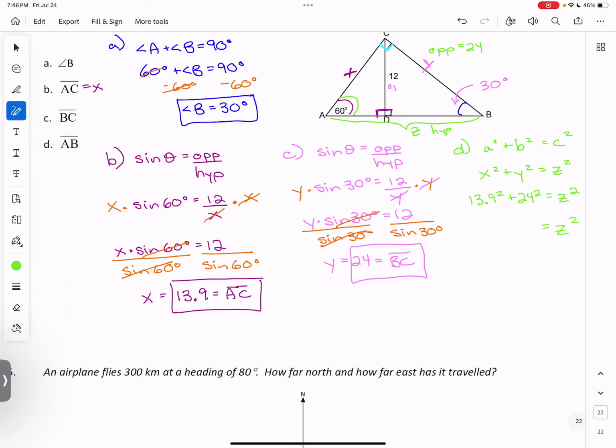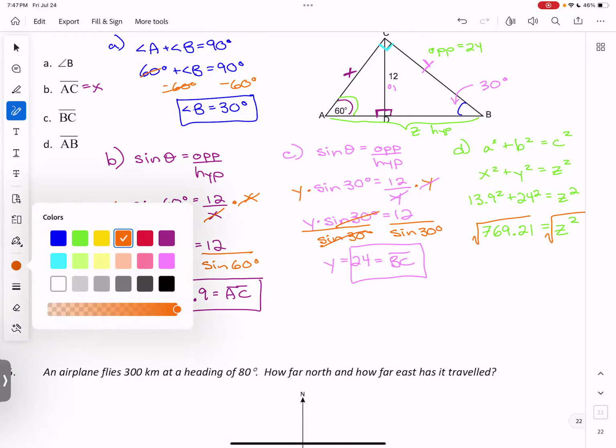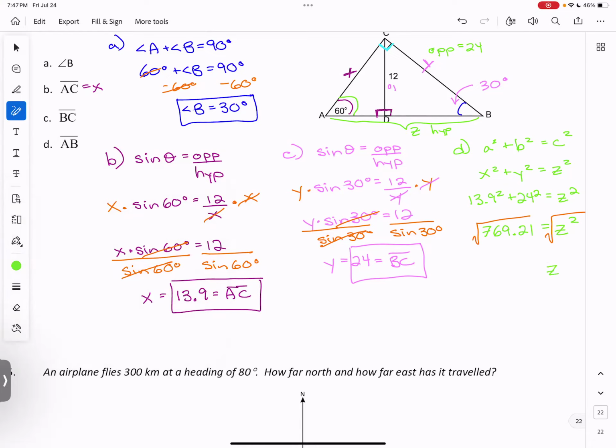And that gives me 769.21. And let's take the square root of both sides. And I get, to 1 decimal place, 27.7. And that is AB.